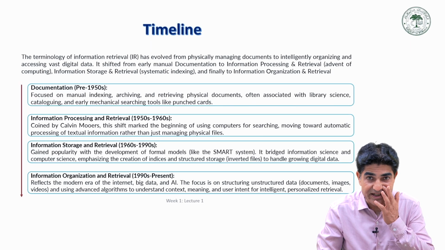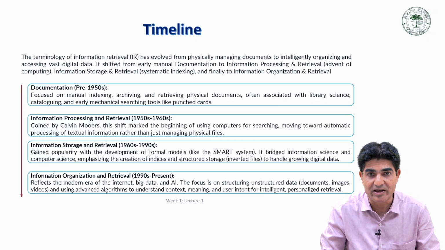There are different timelines for the development of these different kinds of information processing and retrieval systems, and we can see that documentation is the foundation of all of them.